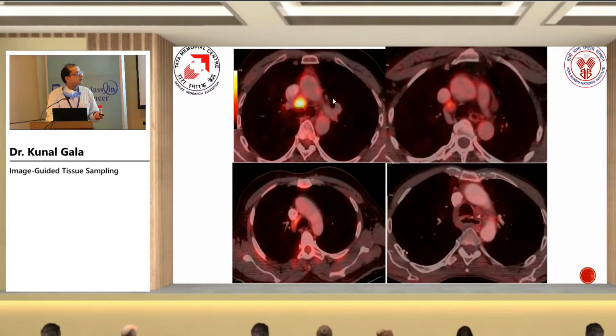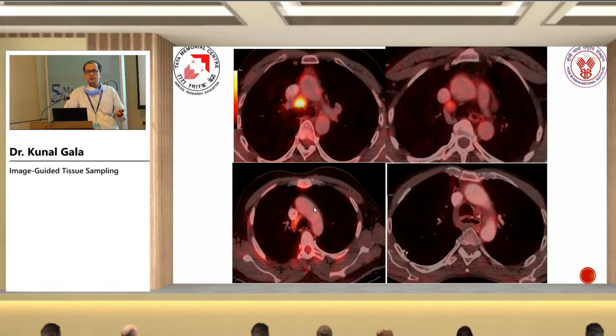But let me show just a few examples here. These are four different cases, all of small cell lung cancer, and what we can see here is a lymph node located around the vessels. Here also it's a similar thing, a paratracheal or pretracheal lymph node.